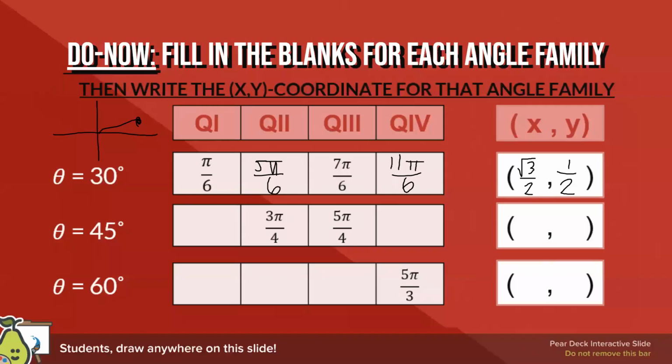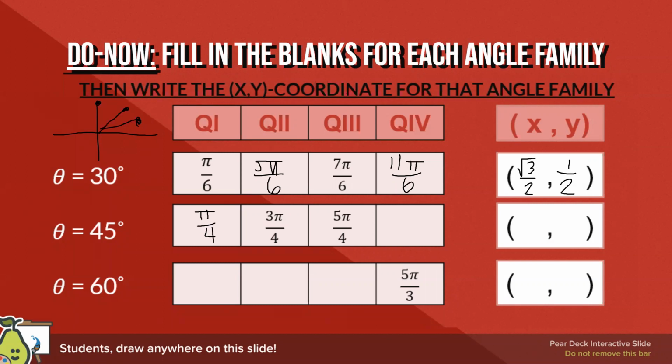Okay, so 45 degrees is right smack dab in the middle. And since the value up here is pi over 2, halfway between that, well, that's pi over 4. So everything that's a 45-degree angle in every quadrant is always going to have 4 in the denominator.